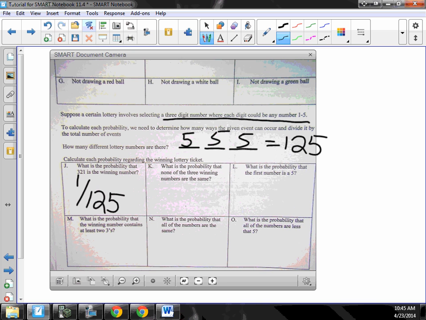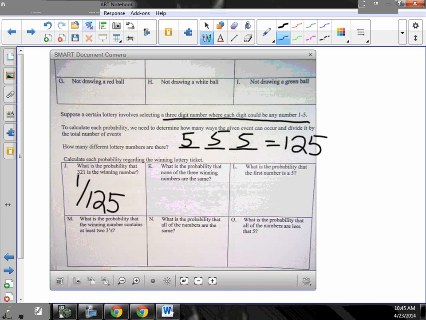Letter K. What is the probability that none of the 3 winning numbers are the same? Well, we could write them all out, right? We could do 1, 2, 3, 1, 2, 4, 1, 2, 5. That's going to take way too much time.